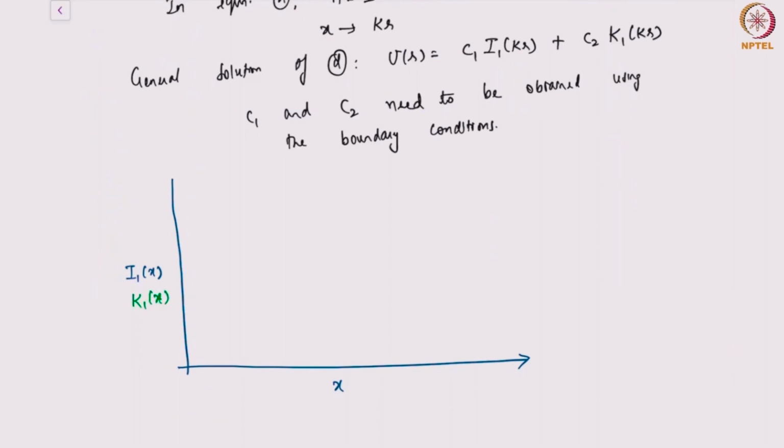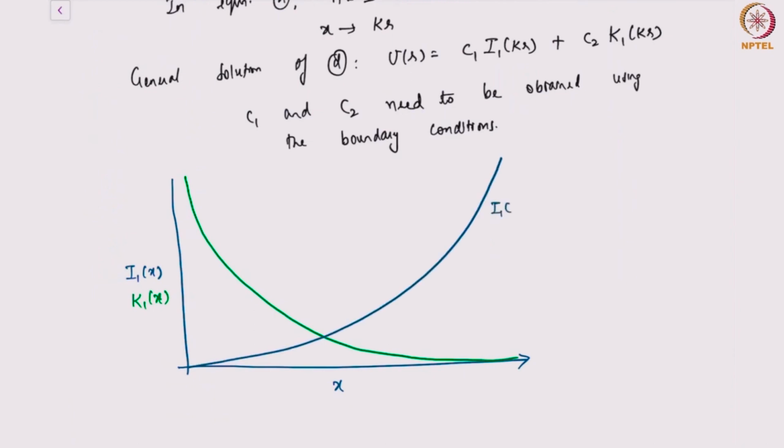How do these functions look? K1 would look something like this. It will diverge as one approaches x equal to 0, whereas I1 on the other hand starts off at 0 and goes like this. So this is I1(x) and this is K1(x).